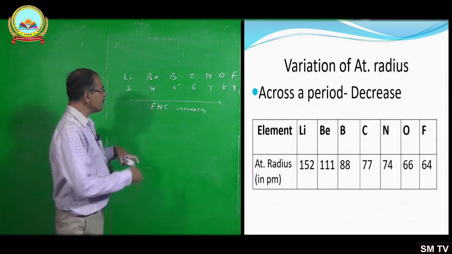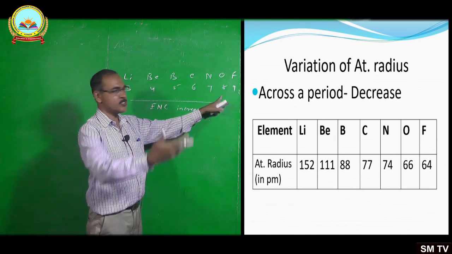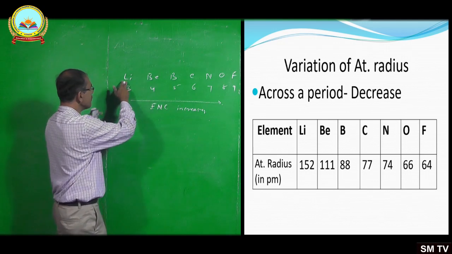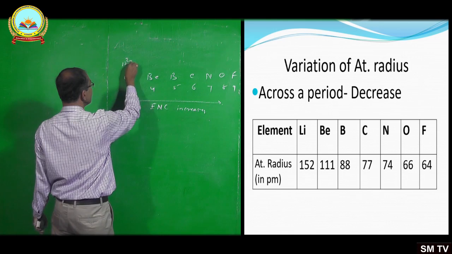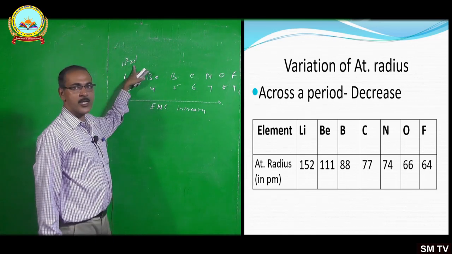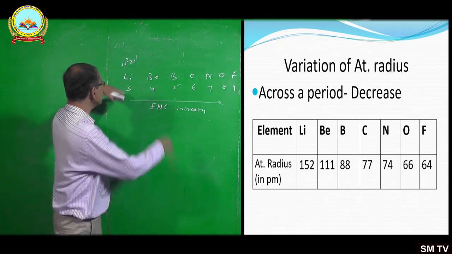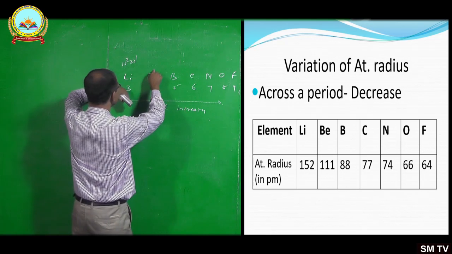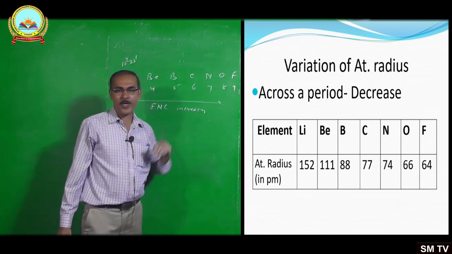Electrons are added into the same principal shell. Lithium's electronic configuration is 1s2 2s1. You have two shells, K shell and L shell. We are filling the L shell here, 2s2, then 2p1, 2p2, 2p3, 2p4, 2p5.